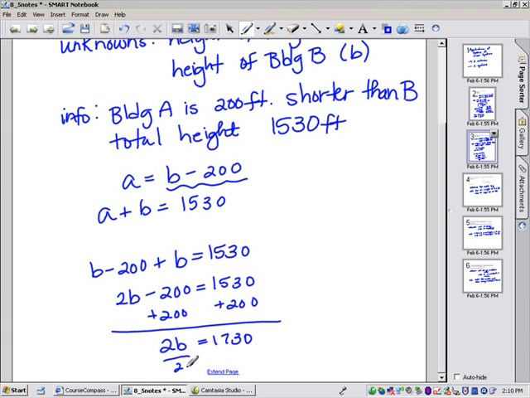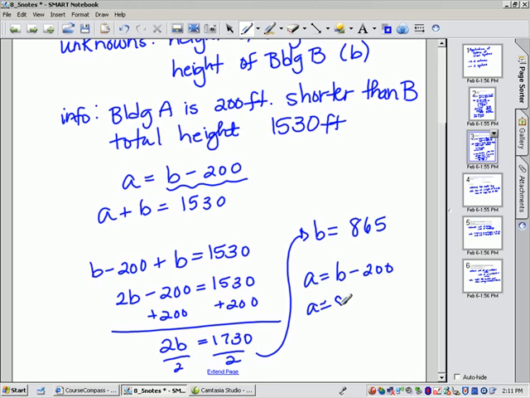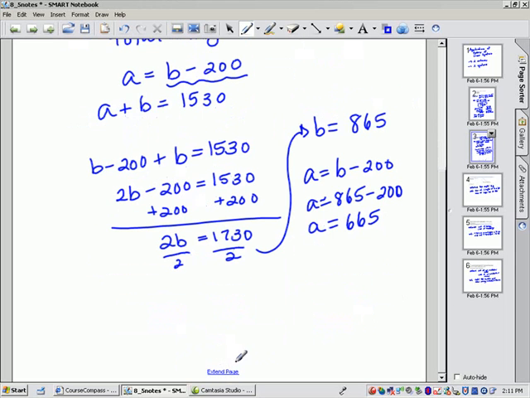And then dividing by 2 tells us that B is, doing my calculation on my calculator for a minute, so that's B is 865. Now what is A? A is B minus 200, or rather 865 minus 200, which would be 665.